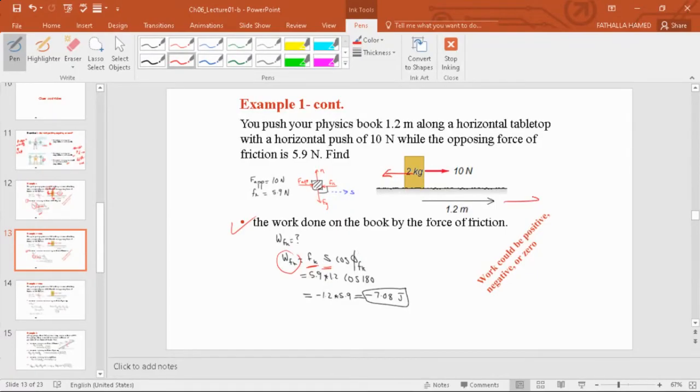Of course, the object is moving this way, friction is that way, so the angle between both of them is 180 degrees. And cosine 180 degrees is equal to -1. And the magnitude of your force of friction is 5.9 Newton, so it's 5.9 times 1.2 times cosine 180 degrees, and this will give you -7.08 joules. So that's the work done by the force of friction.